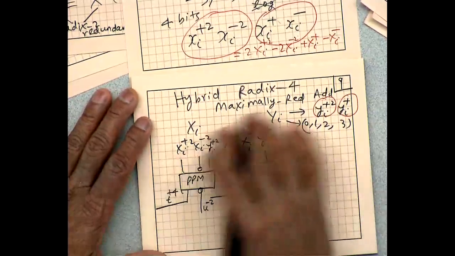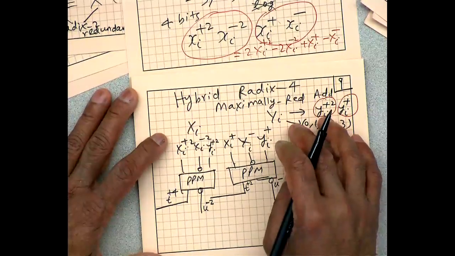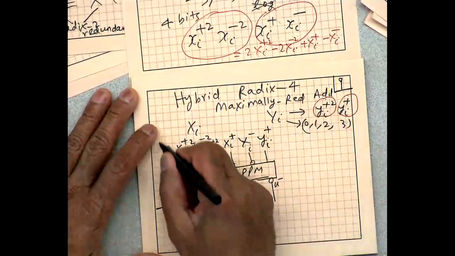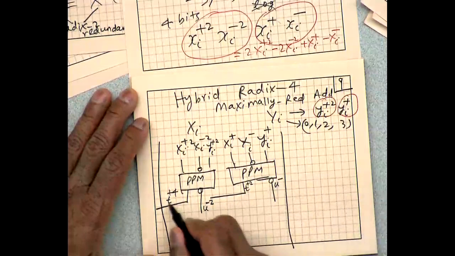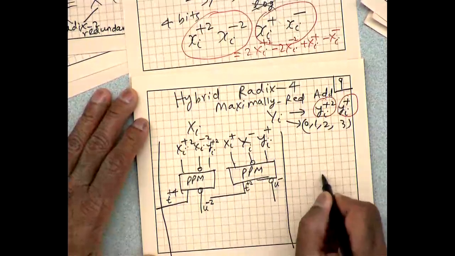So we have certainly taken care of the operands. So this is radix 4. There will be another t plus 4 coming from the other side.